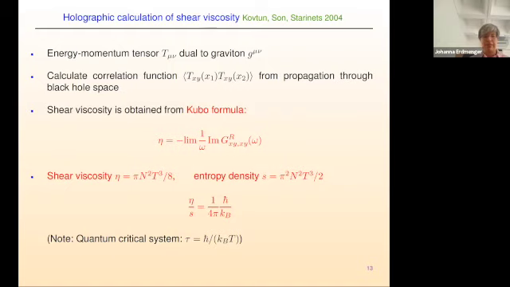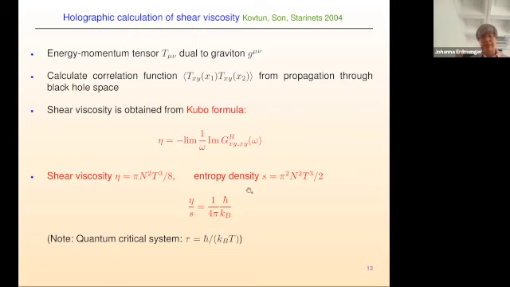And if you put a black hole in the anti-de Sitter space, then the Hawking temperature of this black hole naturally also gives you a finite temperature in the field theory at the boundary of the space. So the quantum field theory will be at finite temperature, and its gravity dual will be a black hole in anti-de Sitter space.